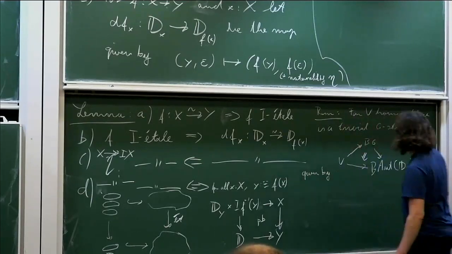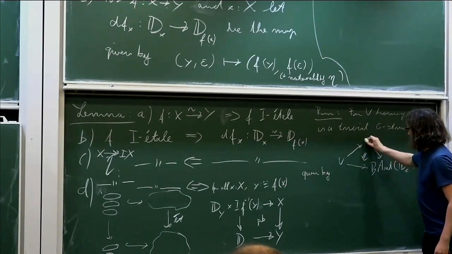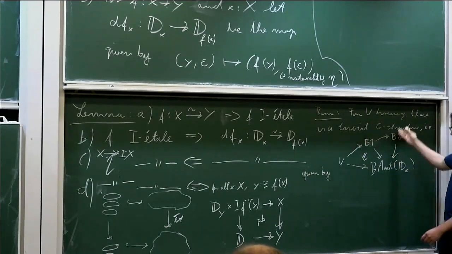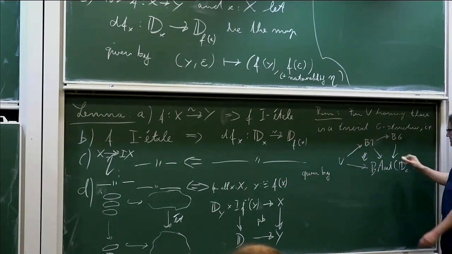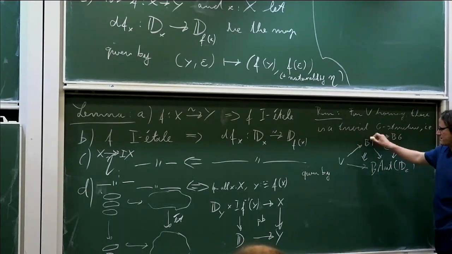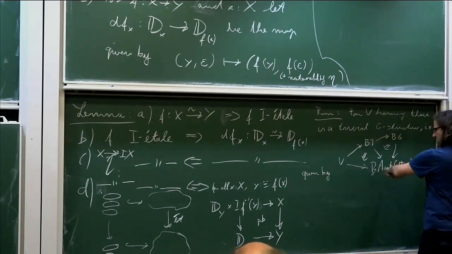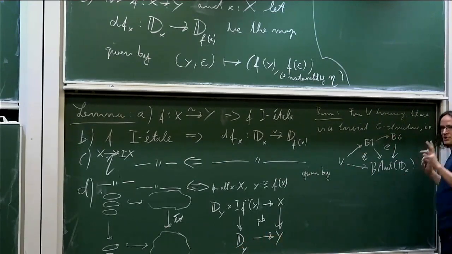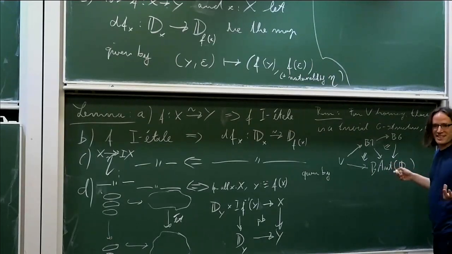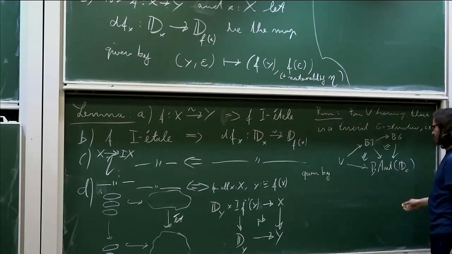Maybe let's do it below. What can I do? I can first factor the problem a bit. If we have some G as a subgroup of Aut dE, we have a pointed map, so we have a triangle like this. This is just the pointedness here. And this map down here, the classifying map of the formal disk bundle, is the dependent map that sends a point to the formal disk at the point.